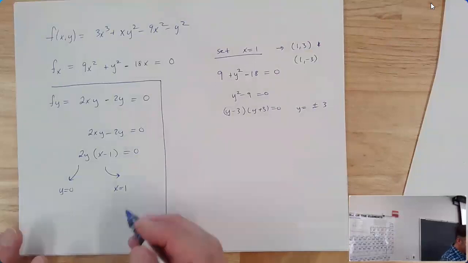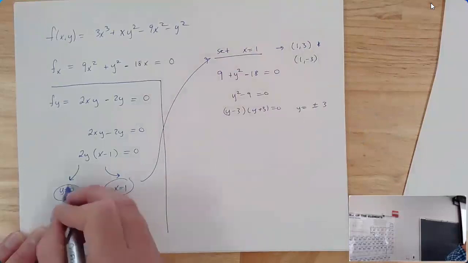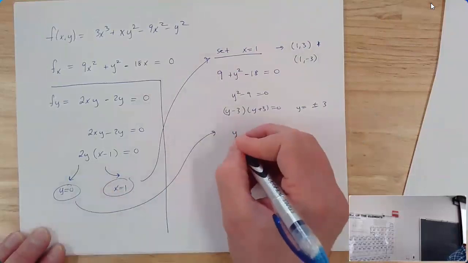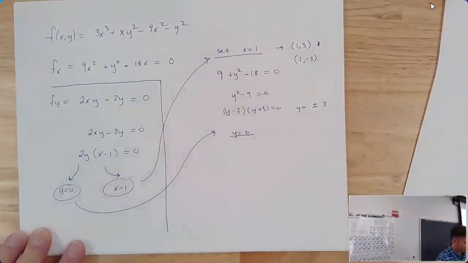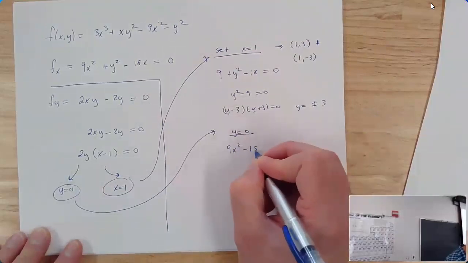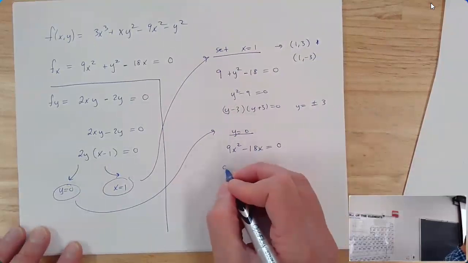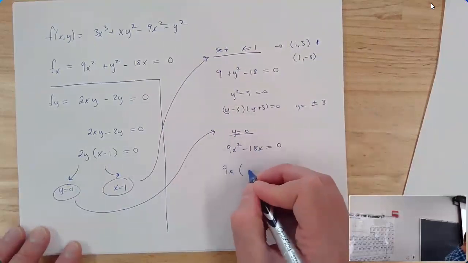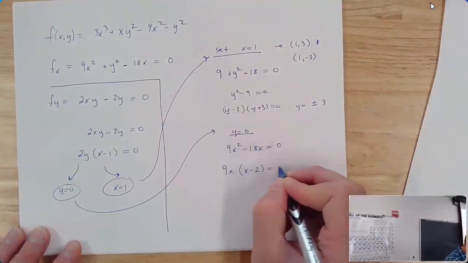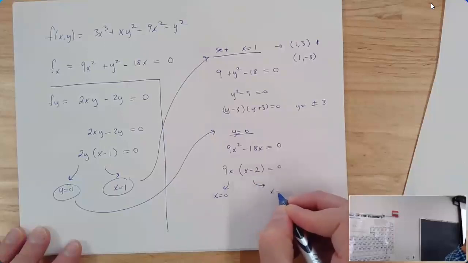Now let's look at the other thing. We're going to deal with y equal to 0. So y equal to 0, I'm going to have then 9x squared minus 18x equal to 0. And I'm going to factor out a 9x. If I factor out the 9x, I'm left with x minus 2. So I either get x equal to 0, or x equal to 2.